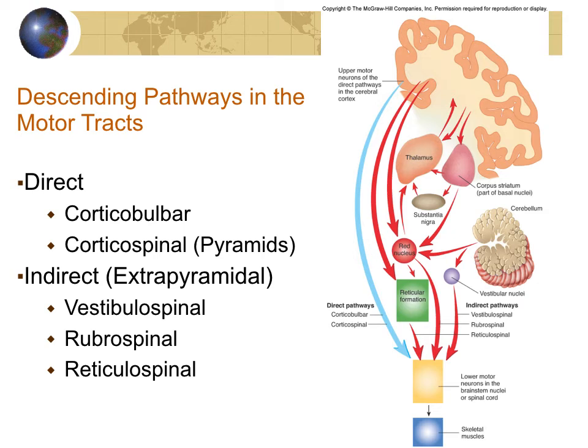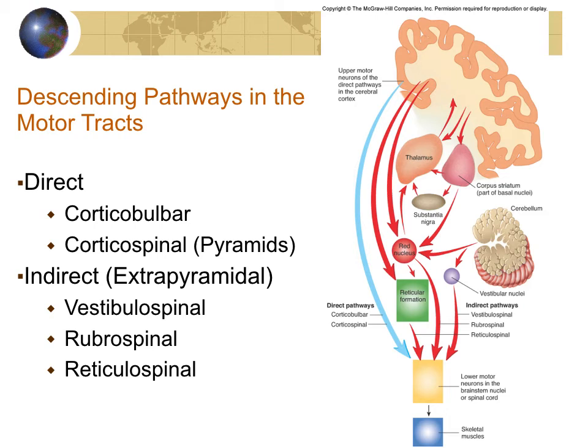The cerebrum decides on what's the intended movement and sends messages often to the red nucleus, which will relay information to and from the cerebellum, which compares intended movements from the cerebrum with incoming sensory information and sends material back to the red nucleus and then down these extrapyramidal tracts.